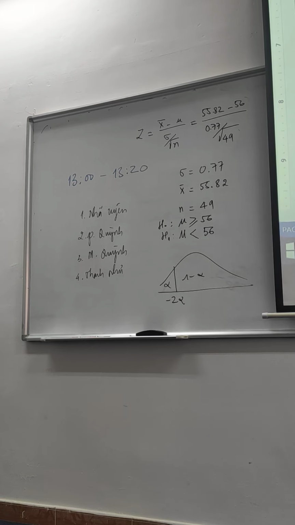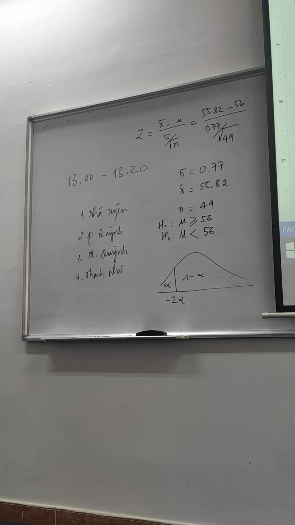Then let's find the p-value. After we have z, how can we find the p-value in this case? The p-value equals the probability that Z is less than negative 1.6336.